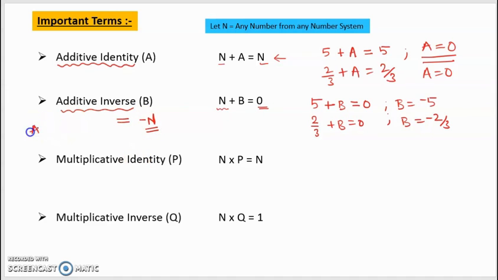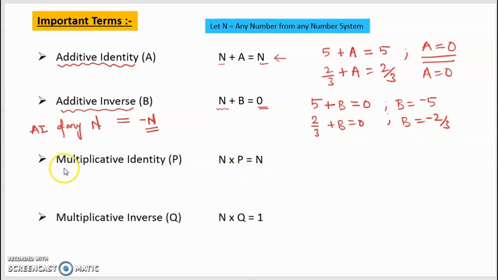So the additive inverse of any number n is minus n, like we have seen here. So the additive inverse of 5 is minus 5, and the additive inverse of 2 by 3 is minus 2 by 3.